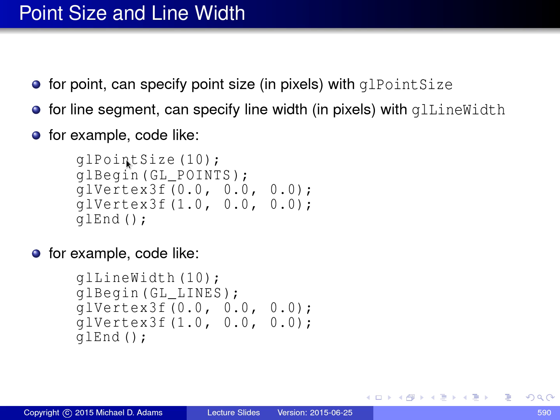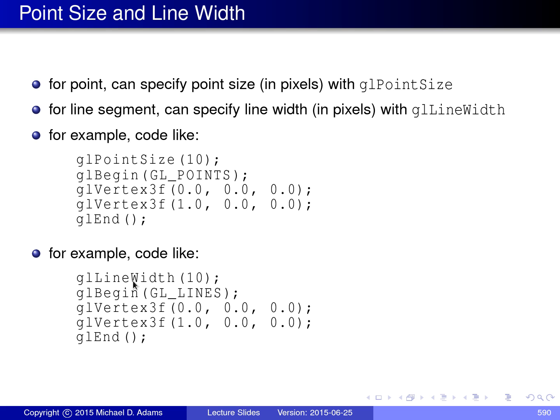For example, if we wanted to draw points that are bigger than a single pixel, for example 10 pixels in size, we can call GL point size 10, and then when we do GL begin and specify GL points, the points that we specify with the GL vertex commands are going to be drawn with a point size of 10.